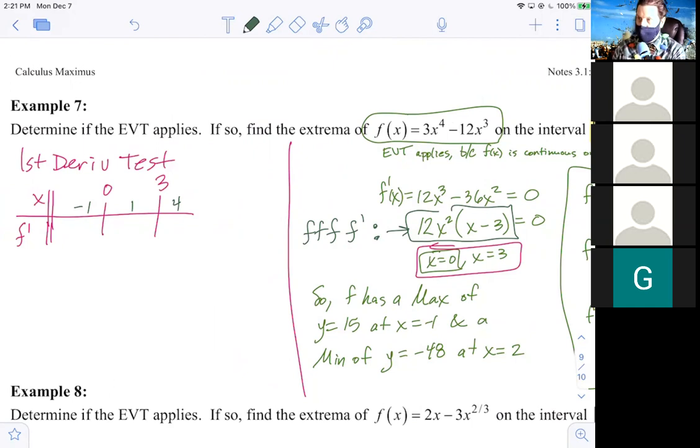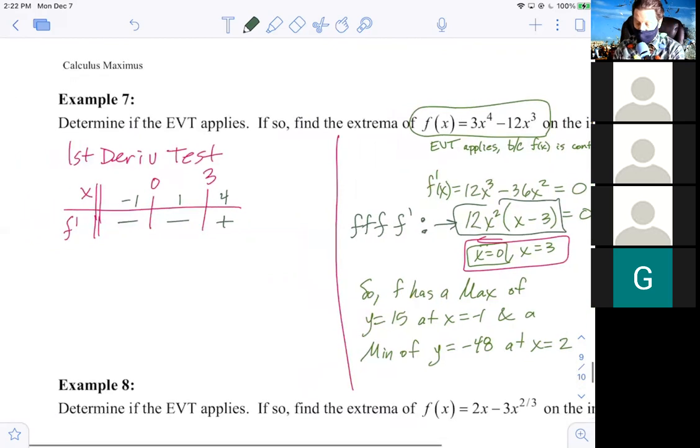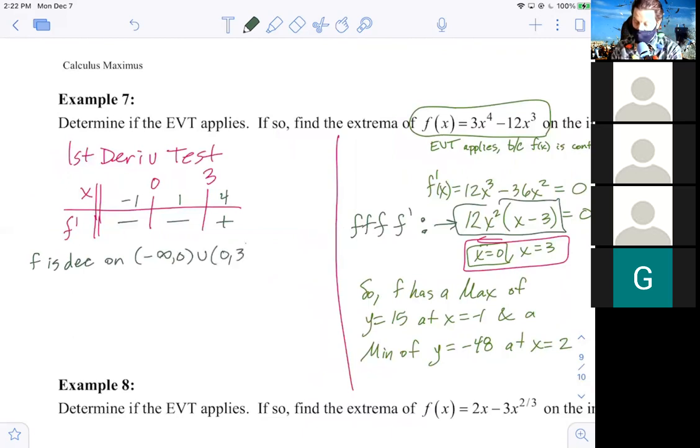Yeah, so when you plug in a -1, you get -1 minus 3 is negative. When you plug in a positive 1, 1 minus 3 is still negative. And when you plug in a 4, 4 minus 3 is positive. Okay, so not only do we now know the intervals where f is decreasing and increasing, this is over its entire domain, let's go ahead and say that. f is decreasing on the interval from -infinity to 0, union 0 to 3.